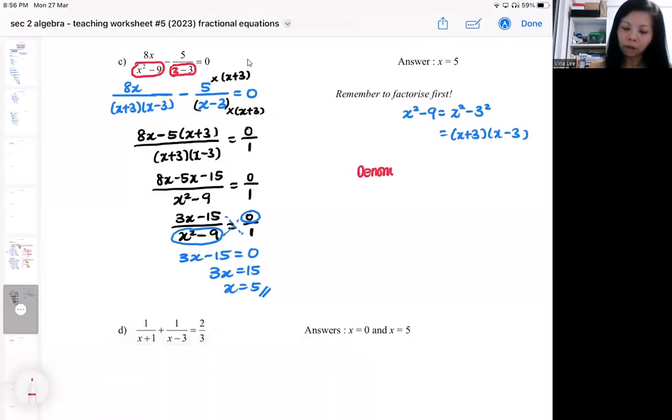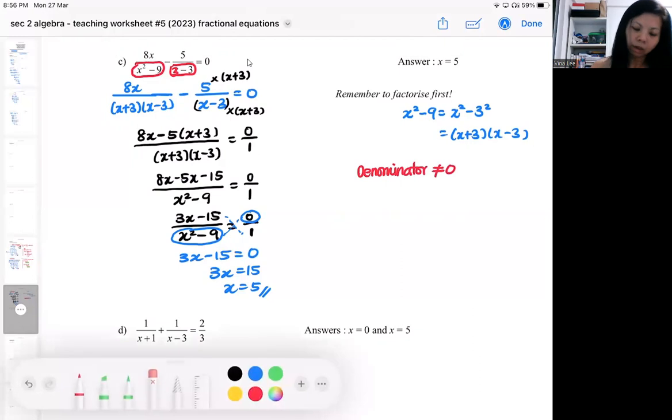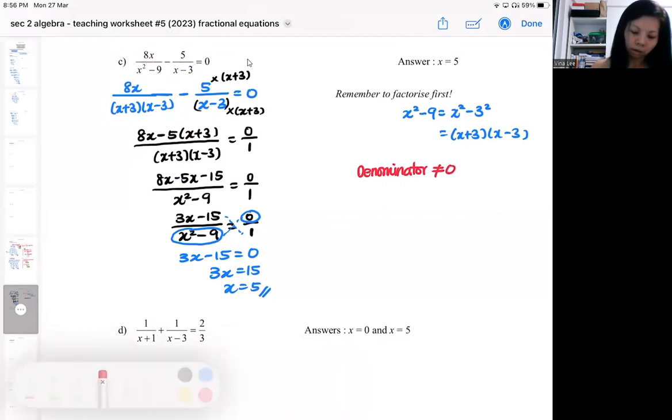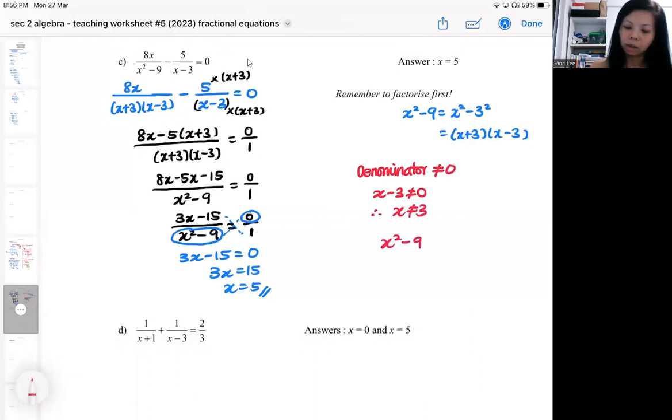So back to the idea that the denominator cannot be 0. There are two denominators. This one cannot be 0, so x cannot be 3. x squared minus 9 cannot be 0. That means x plus 3 and x minus 3 cannot be 0, meaning each of the brackets cannot be 0.